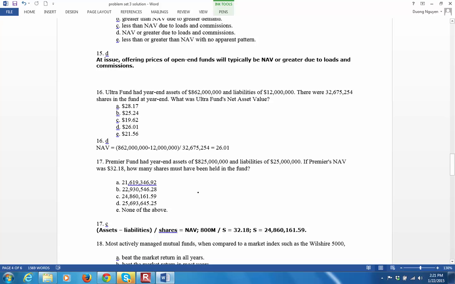Number 17 is very similar. You are given net assets value. How do you calculate the number of shares outstanding?